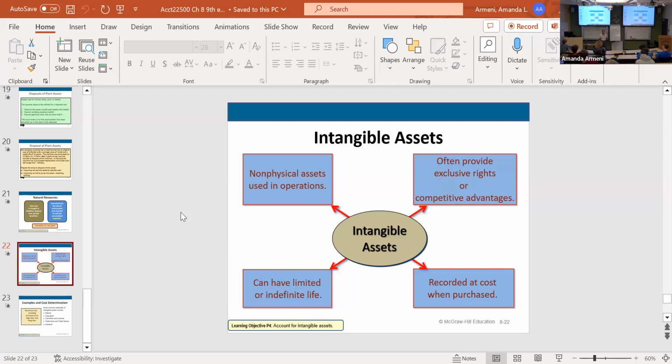Same thing with a copyright. You look at your textbooks and they all have copyrights on them. That means that I cannot reproduce that material and put my name on it. If you notice, our PowerPoint slides all have McGraw-Hill Education on the bottom of them, right? Because it's copyrighted. I'm allowed to revise these things as an educator.